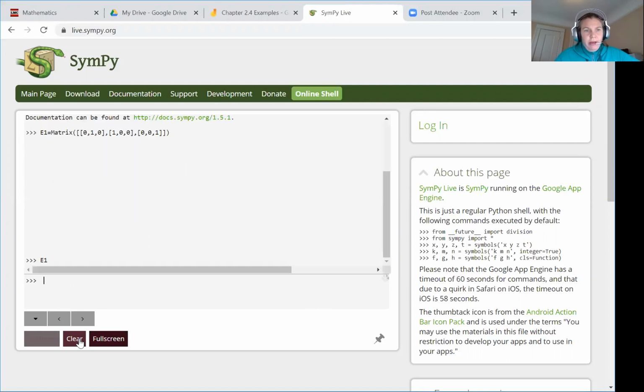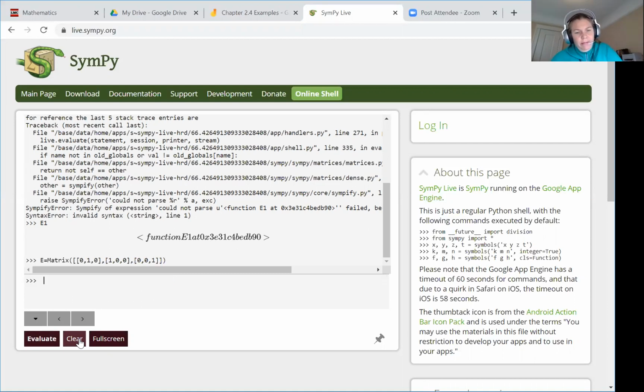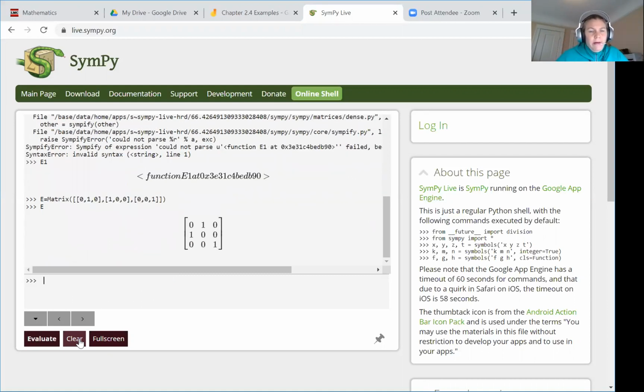We can verify. Oh, it didn't like my syntax, E1, unless I made a mistake in here somewhere. I think it just didn't like my syntax, so we'll call it E. All right, it's happy with E.